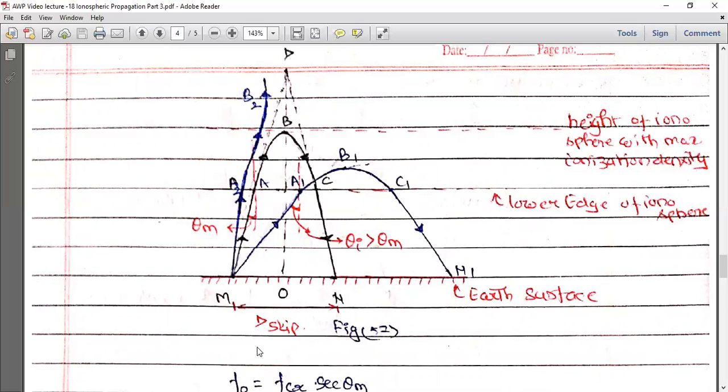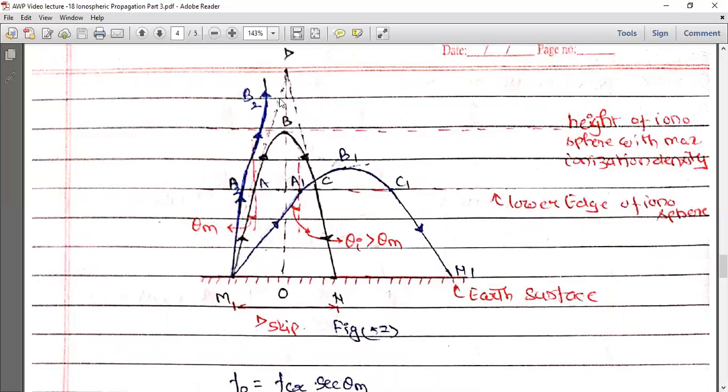Can we find this escape distance? Yes, we can find it. How? Using the ionosonde, for any given frequency at this particular angle, we have the value of OD. OD is the virtual height for this particular frequency. So once you have this virtual height capital H, you know this angle of incidence. This is angle of incidence theta, and this angle is also theta.